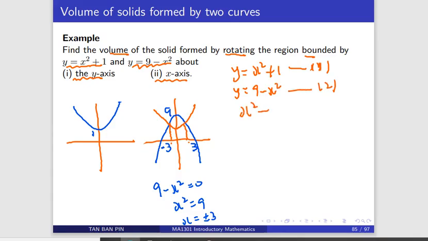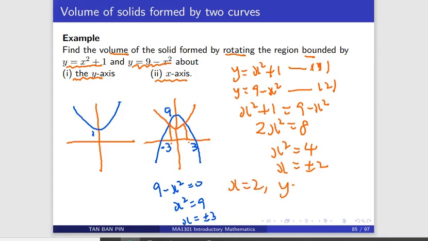And then you can say x squared plus 1 is 9 minus x squared. Put the x squared terms together: 2x squared equal to 8, x squared equal to 4, x equal to plus or minus 2. And then you can check when x is 2, y is 5. When x is minus 2, y is also 5. So the intersection points are (2, 5) and (minus 2, 5).